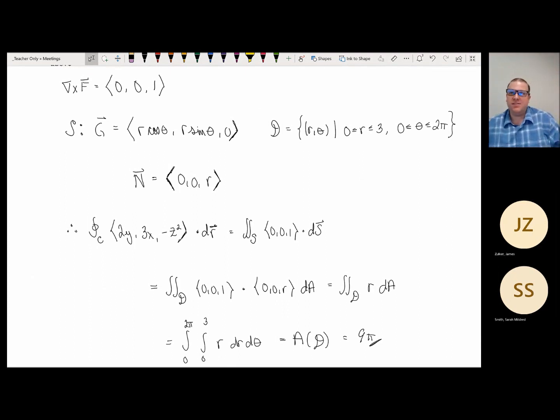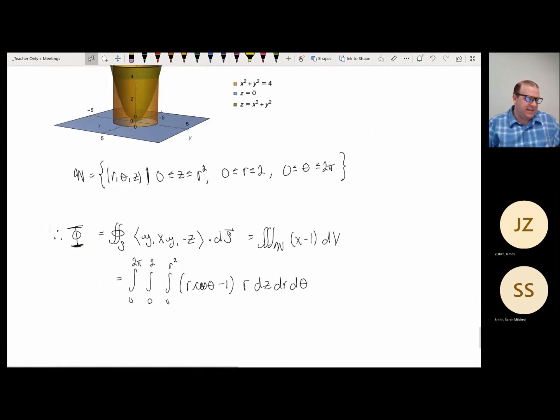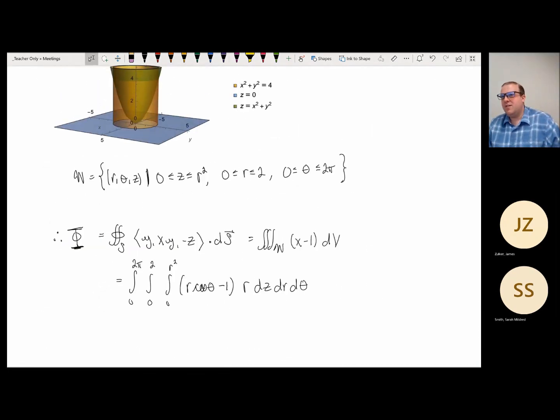It's just how I'm parameterizing it, because it's parameters. Technically it's u, v, that's usually what they use. So instead of r theta, they would have said u cosine of v, u sine of v, and then 0. Whereas here, this is a description of a region. When you describe, you have to choose a coordinate system.